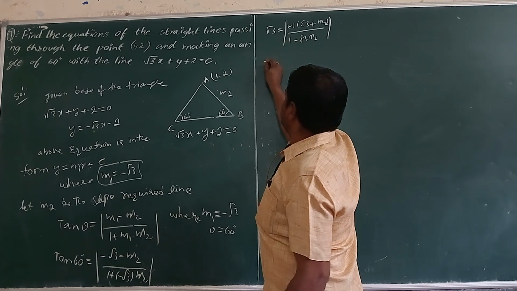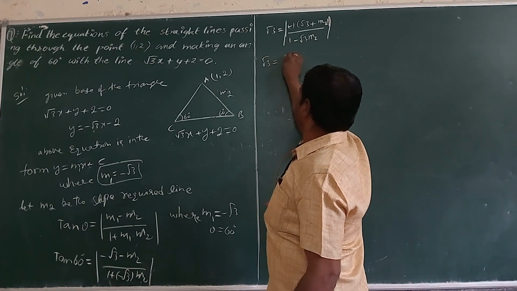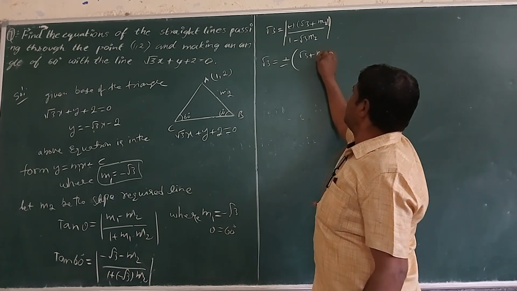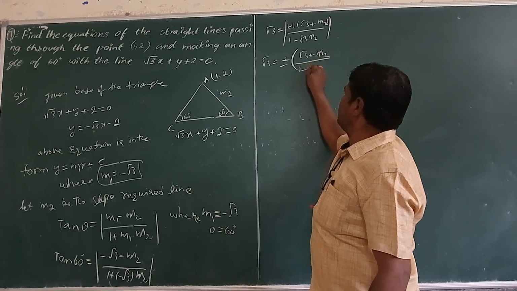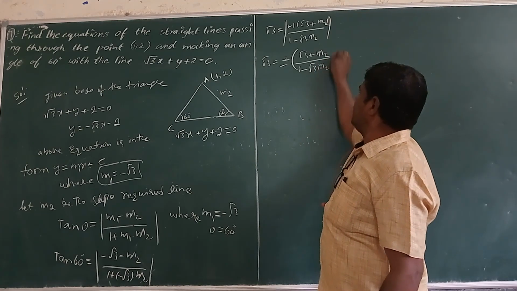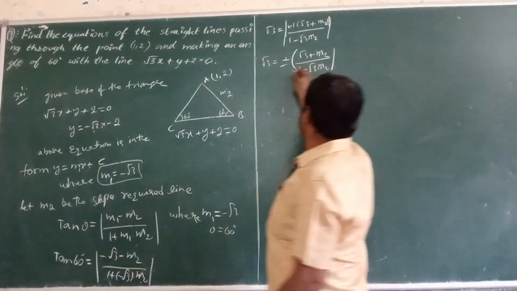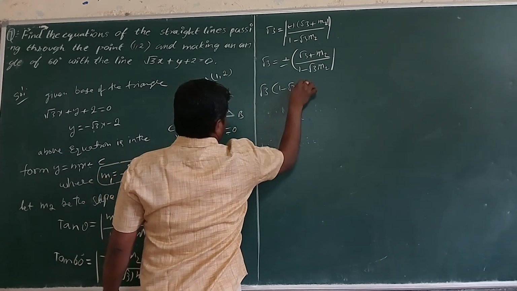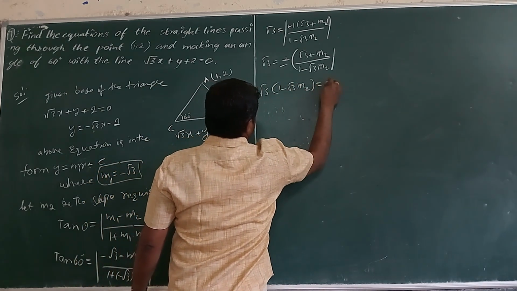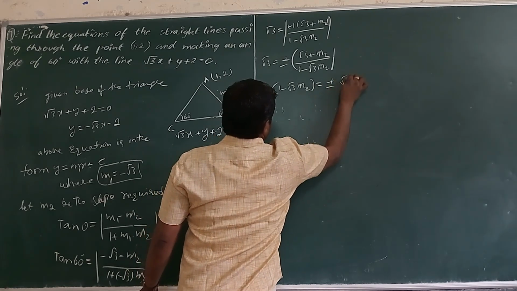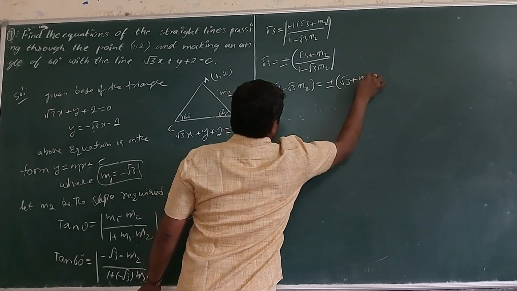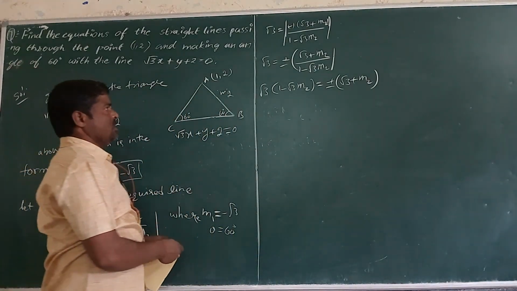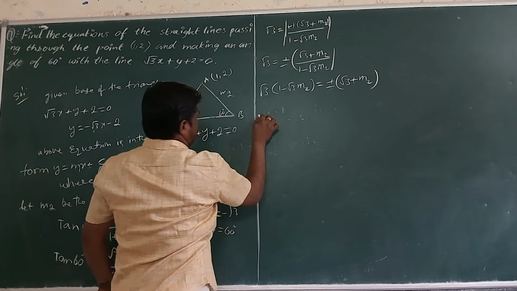Mod of minus is plus, so removing mod, root 3 equal to plus or minus of (root 3 plus m2) by (1 minus root 3 m2). Cross multiplying, root 3 of (1 minus root 3 m2) equals plus or minus (root 3 plus m2). We have two cases, one positive, one negative.